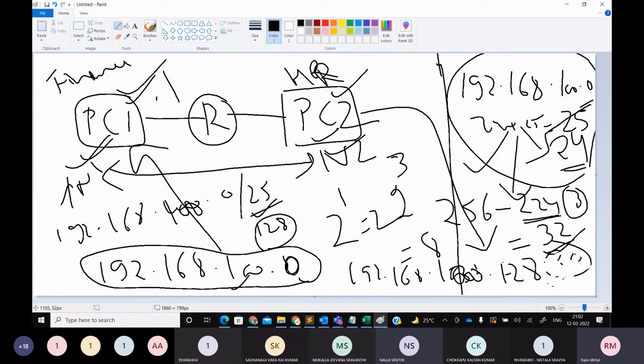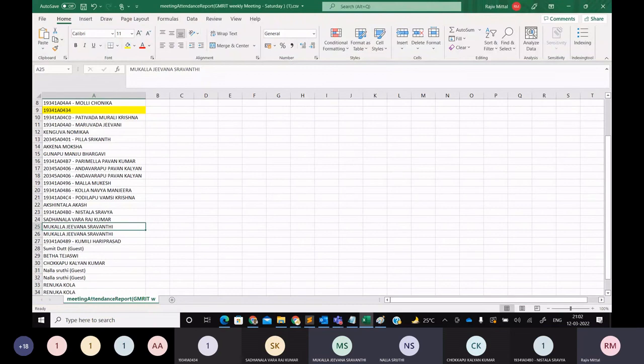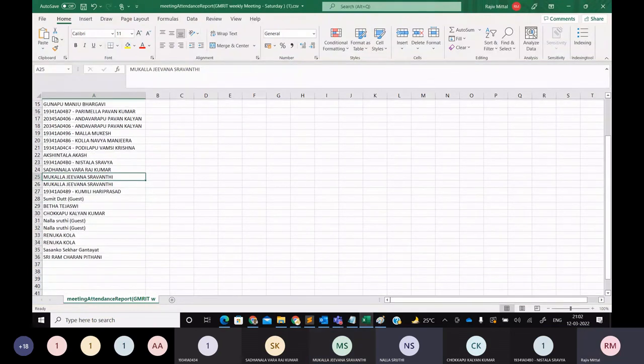And what about this? You can give the next IP for this, 192.168.100.129. Right? So that means then only this will work. Got it? Okay.